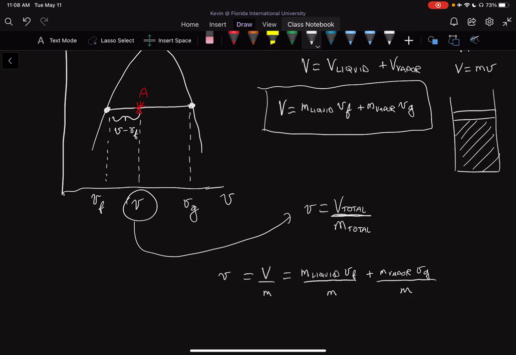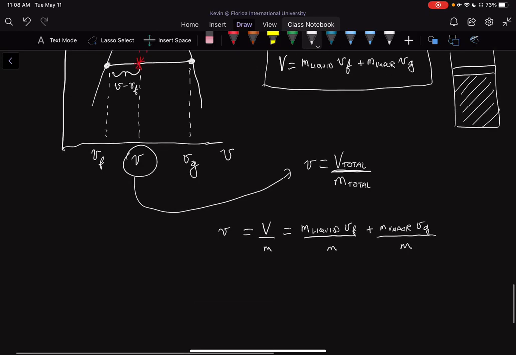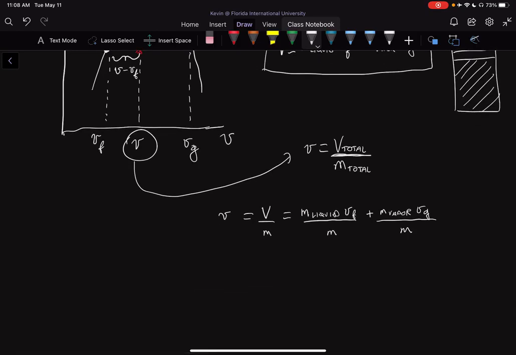So we now have an expression for v that says v is equal to mass of liquid times Vf over M and mass of vapor times Vg over M. Now, something interesting out of this. What is mass of vapor over M?